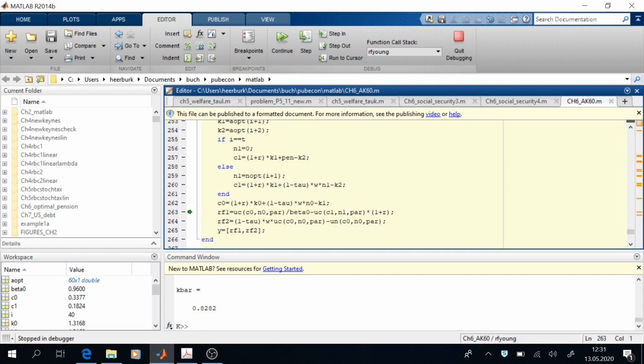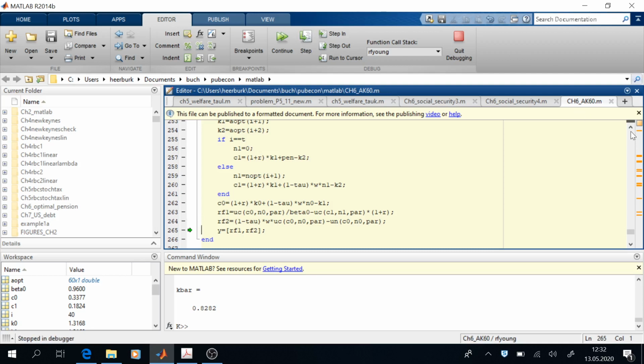So the first order condition RF1 is our Euler equation, and the second condition, the optimal labor supply condition, is computed in RF2. And of course, if RF1 and RF2 are equal to 0, we are done.